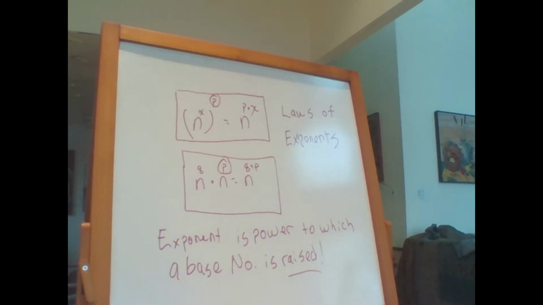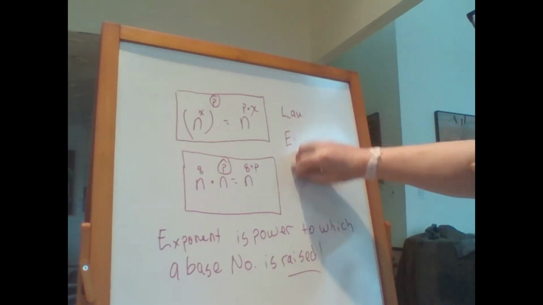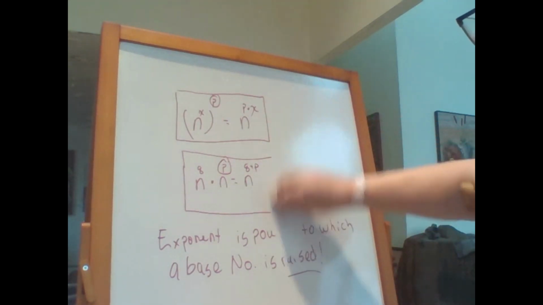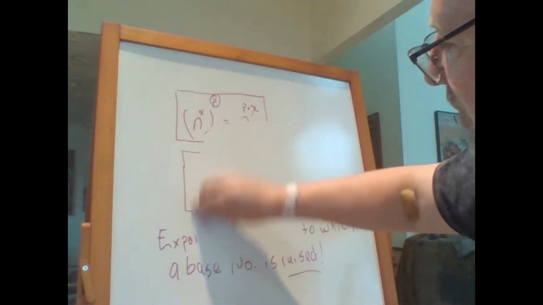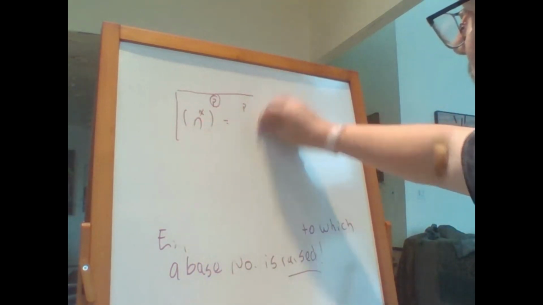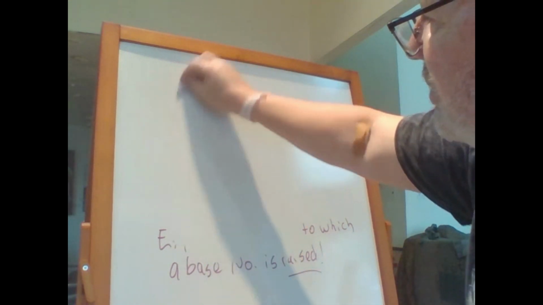And we'll be looking at exponents in a little bit more detail. But I just wanted to give you sort of a primer, an idea of what it means to be in a base. And in order to understand what it means to be in a base system, you have to understand exponents.